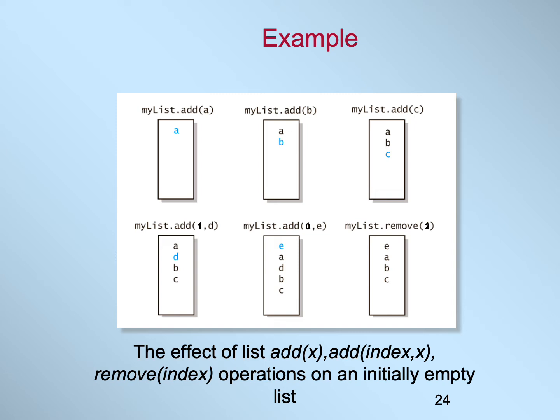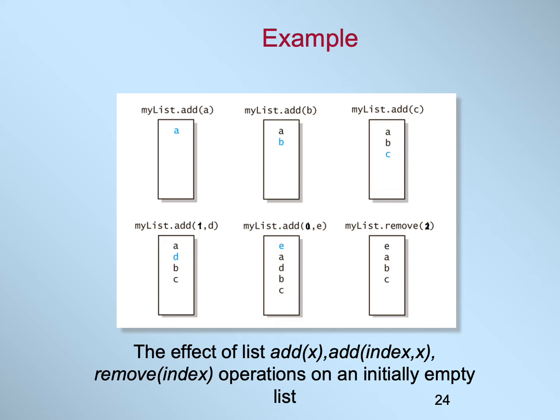Say that we write myList.add at index 1 the letter D, so it will place D at index 1. So we would have A, D, B, C. B was previously at index 1. Now it becomes index 2. Similarly, if we write myList.add 0, E, E will be added at index 0 and the index number of A, D, B, C will be increased by 1.